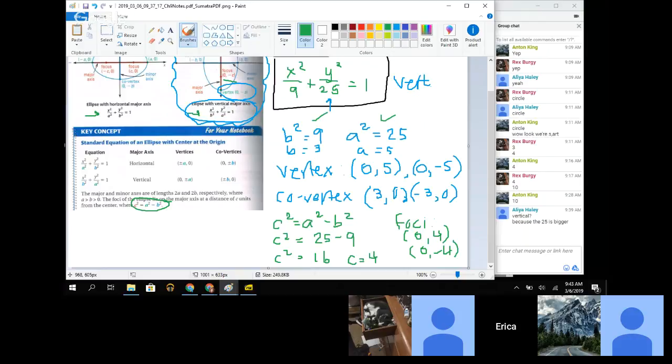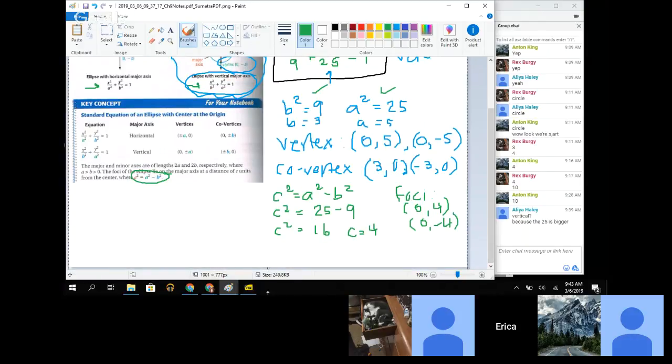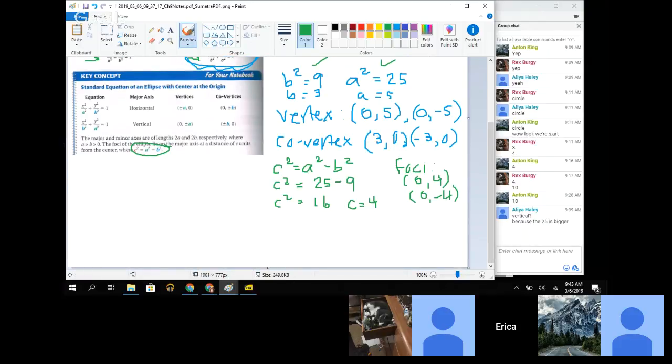Okay. So if you were to graph this without a graphing tool, I know you guys all have graphing tools, but you should be able to graph it. This is a pretty easy ellipse, right? If I draw my graph, 1, 2, 3, 1, 2, 3, 1, 2, 4. So you draw your vertices.